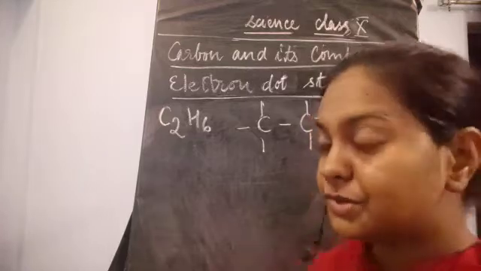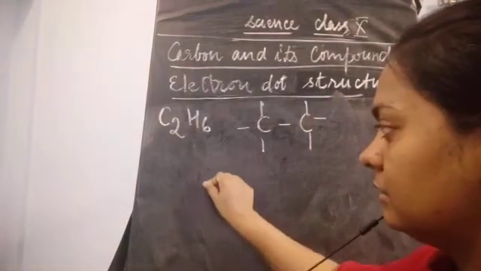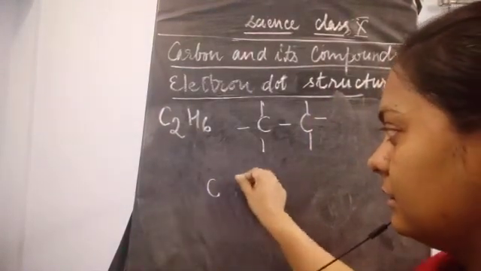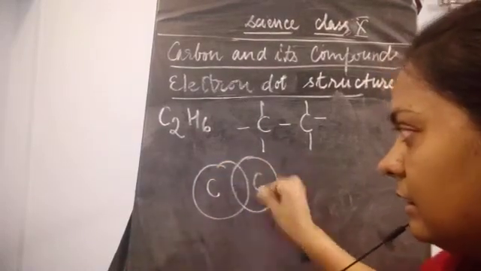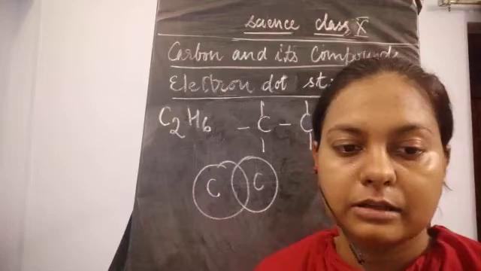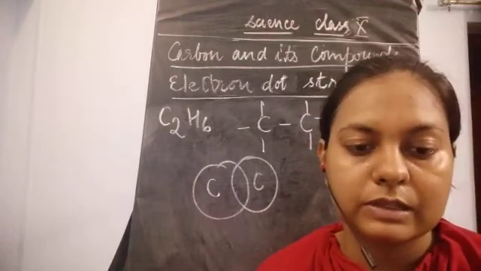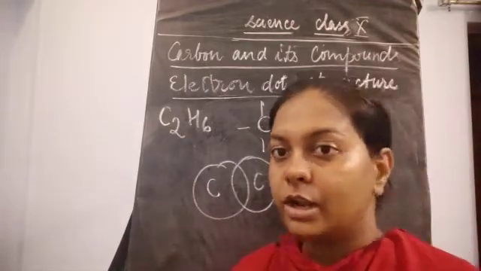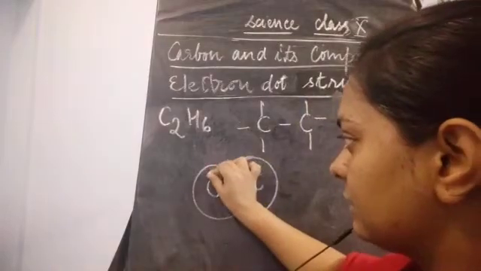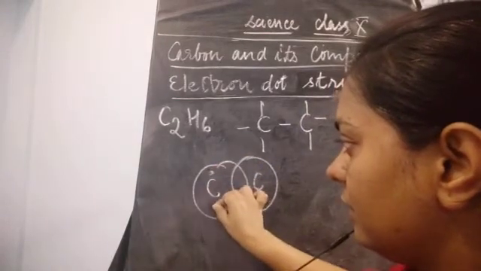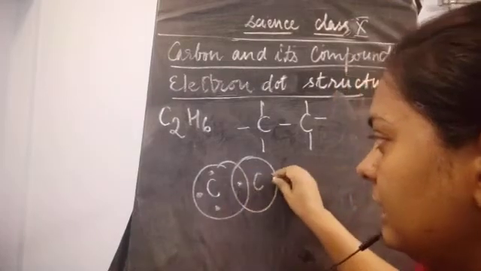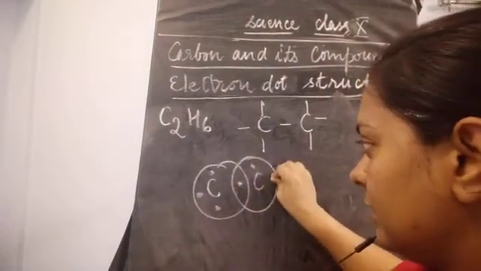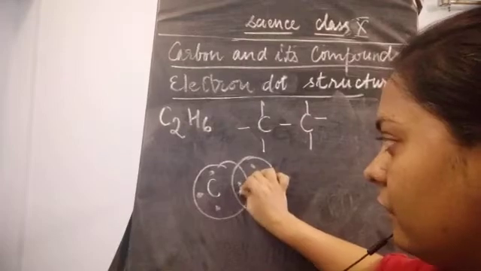Okay, now I'll draw this carbon here, carbon and carbon. So this is how it will be formed. Now next, this is going to have 1 electron, 1 electron, 1 electron and 1 electron here. Next 1 electron, 1, 2, 3 and 4.